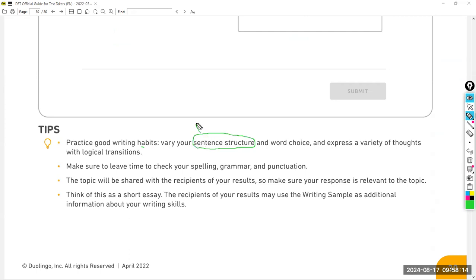I mean, you have to use simple sentences, complex sentences, compound sentences, and complex-compound sentences. You can watch the video about the variety of sentences. This video is called Clauses and Sentences. Please watch this video on the channel just to be able to understand the meaning of sentence structure.